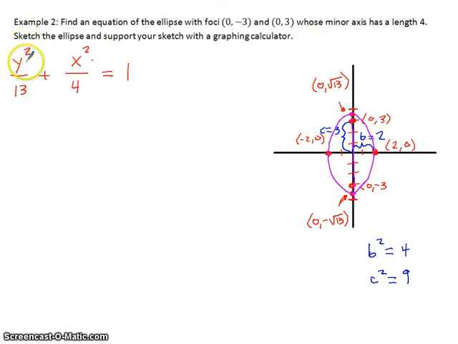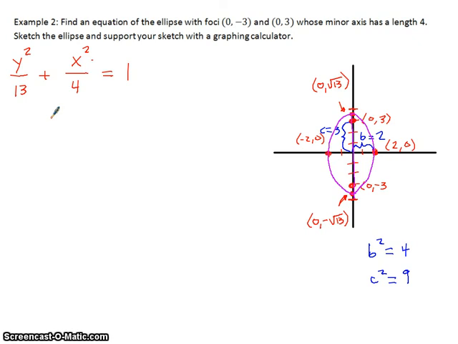Y squared is over the A squared value because the y-axis is the major axis, and the x squared is over the B squared value because the minor axis is the x-axis. So that's the equation of our ellipse.